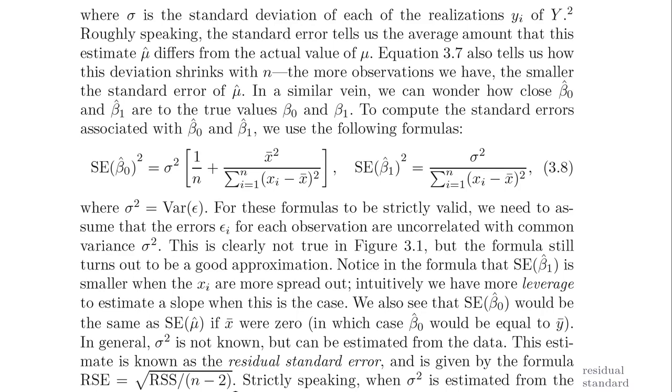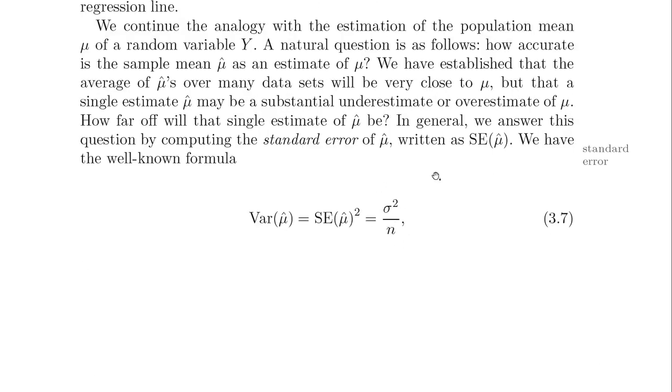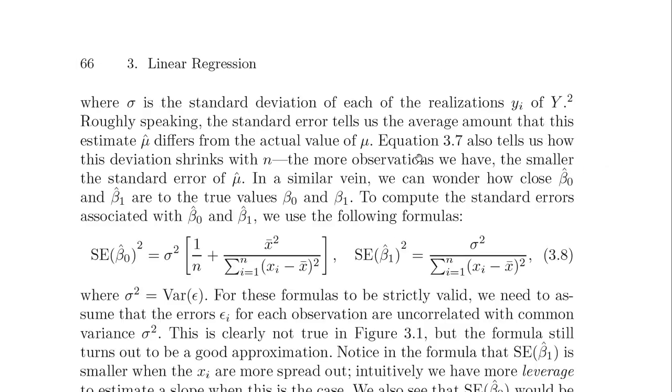Now remember, you don't know the population mu, but what you could do is once you calculate the standard error, you could say, okay, I know my standard error. I've calculated my mu hat, so the true population mean is between mu hat plus the standard error and mu hat minus the standard error. You would conclude, and there are measures of credibility, which we'll probably get into at some point.